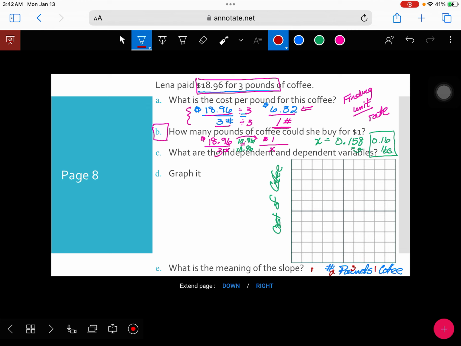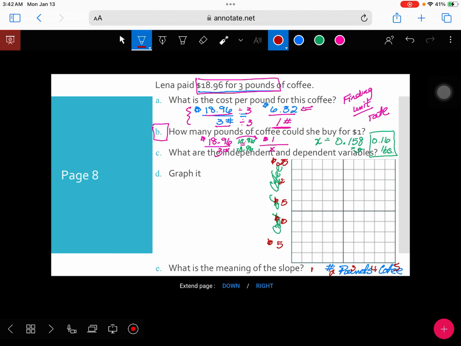Here's 3, here's 4, and here's 5. And as far as the cost of the coffee, I think I said every 2 units is $5. So that would be 5, that would be 10, that would be 15, 20, and 25.